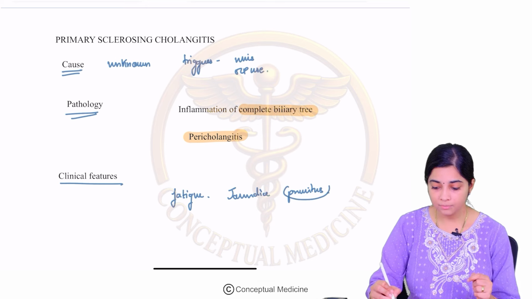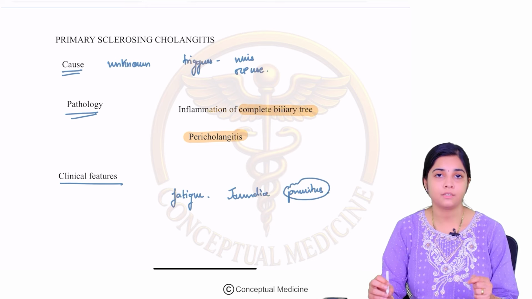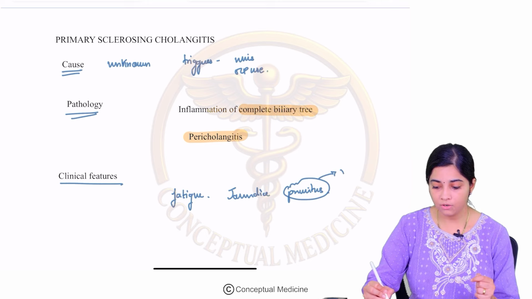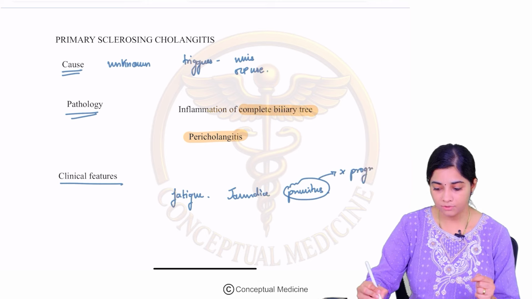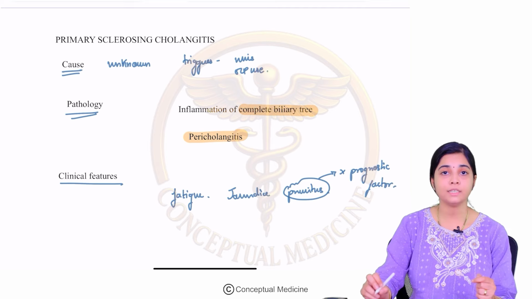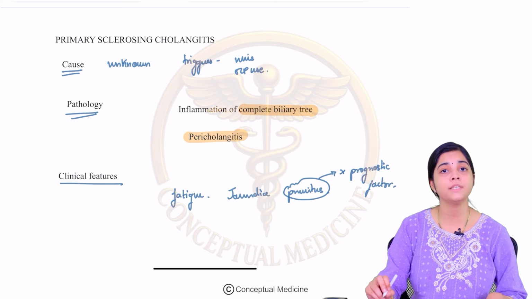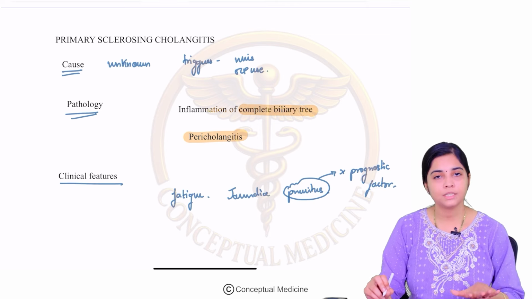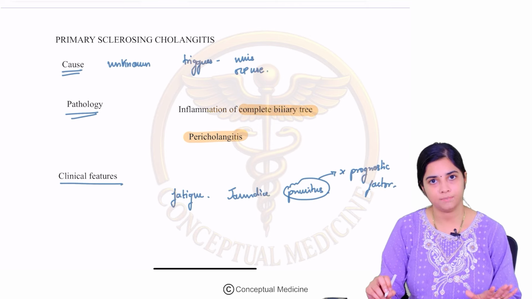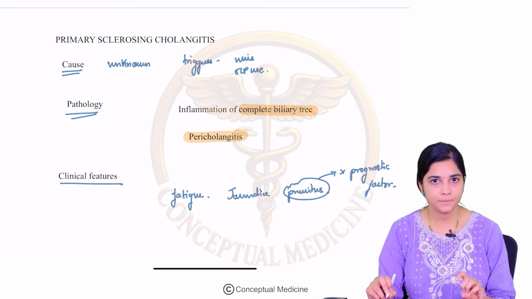But here, the pruritus in primary sclerosing cholangitis is not associated with any prognostic factor, right? There we had learned that in primary biliary cirrhosis, if the pruritus occurs before the jaundice, it means poor prognosis. But here, it does not mean anything, right? But associated pruritus is present.